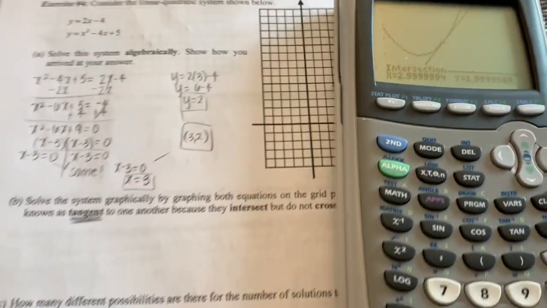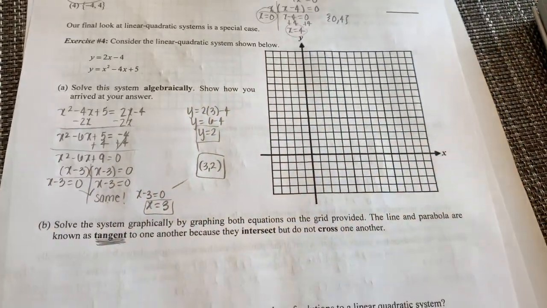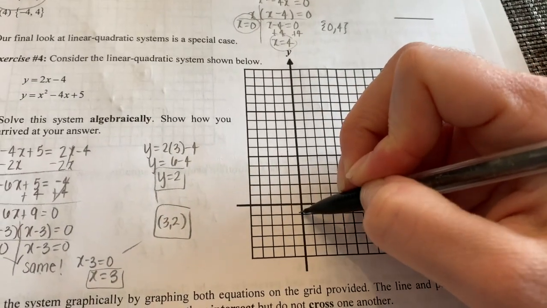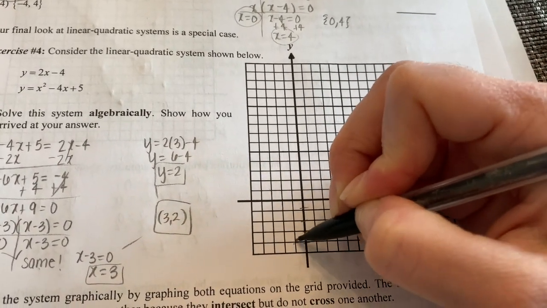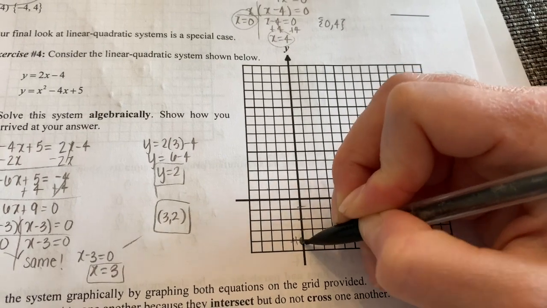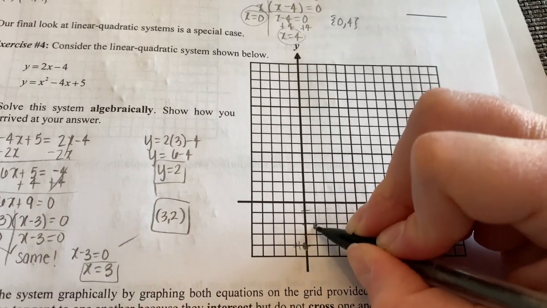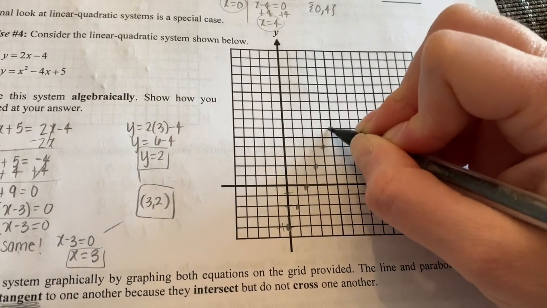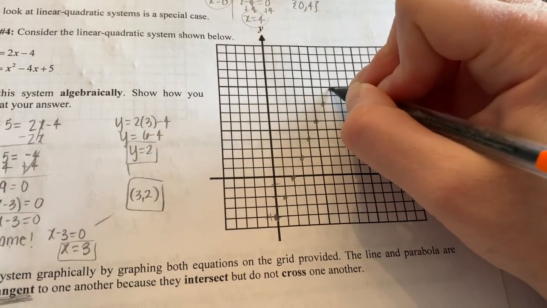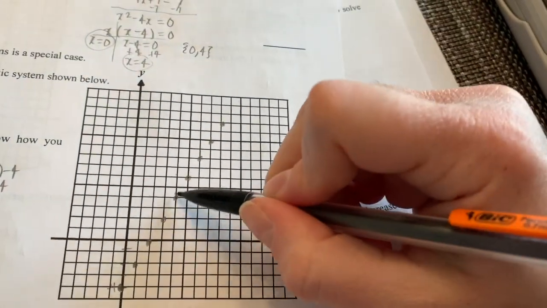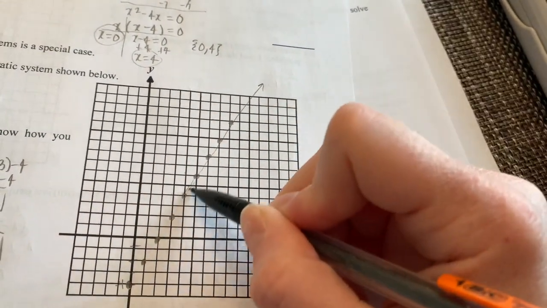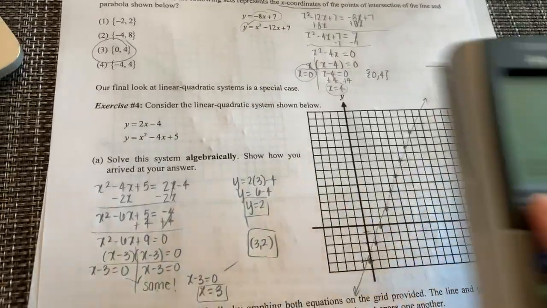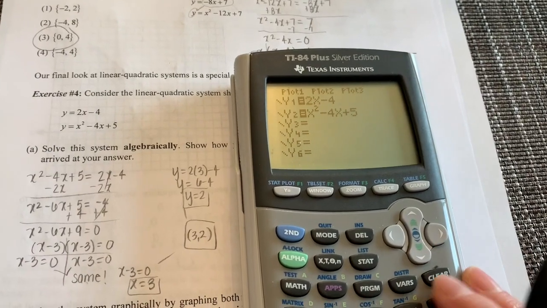So, anyway, if we graph this, 2x minus 4, that means my y-intercept is negative 4. Here's my negative 4. And my slope is up 2 over 1. So up 2 over 1, up 2 over 1, and so on. Just get your little line through there. And I will do the table for this equation.